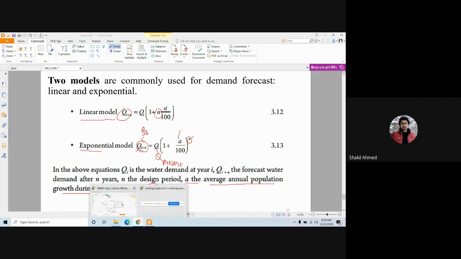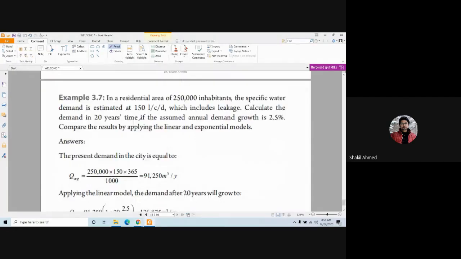Okay? So let's solve some problem here. In a residential area, 250,000 inhabitants, the specific water demand, that means Q average, is estimated at 150 liter per capita per day. That means Q average is given in liter per capita per day. But you need to have Q in liter per day. Am I right?